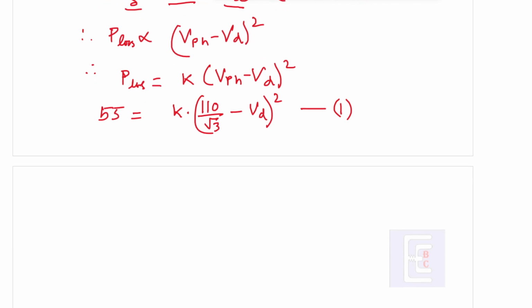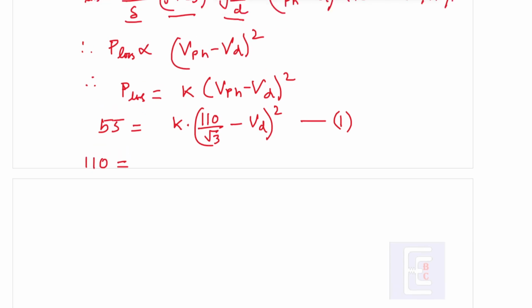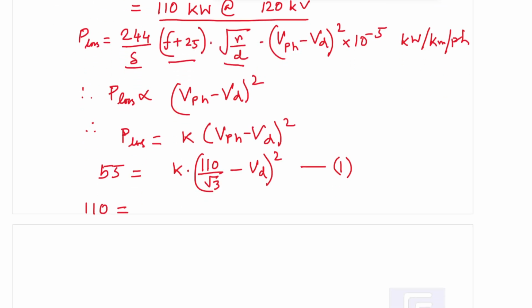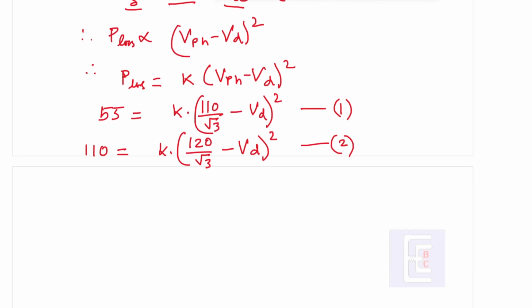Similarly, we can write 110 kilowatt at 120 kV. So we can write 110 is equal to K into 120 by root 3 minus VD whole square. This is equation 2.